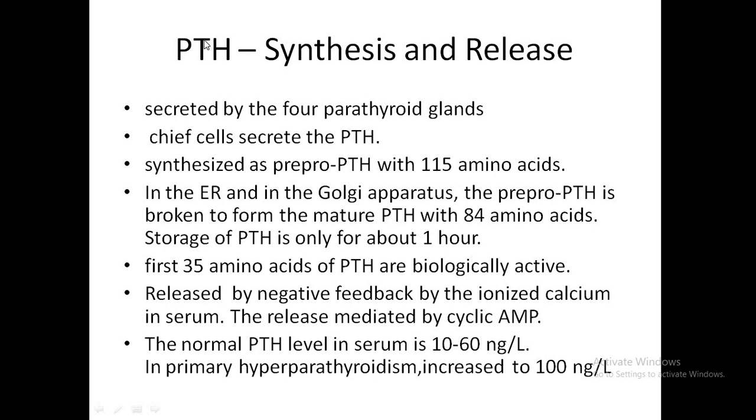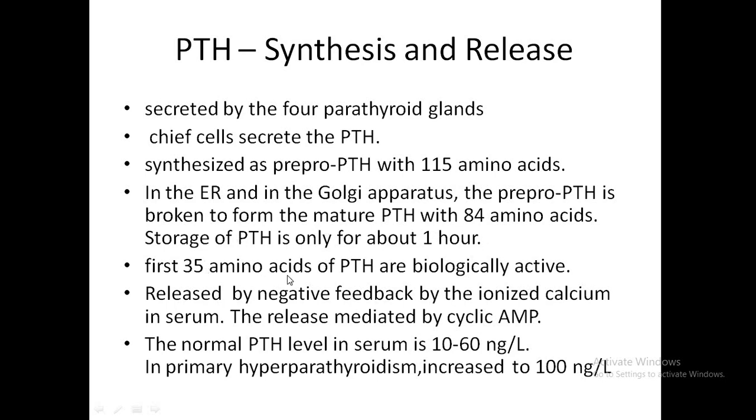PTH is secreted by the four parathyroid glands. Chief cells secrete the PTH. It is synthesized as pre-pro-PTH with 115 amino acids, and in the endoplasmic reticulum and Golgi apparatus this is cleaved to mature PTH with 84 amino acids, and the storage is only for about an hour.